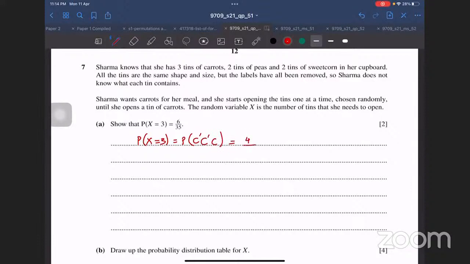It's 4 out of 7, 3 out of 6, and then 3 out of 5, in that order. They have to be in this order because I stop when I get a tin of carrots. So that's 6 over 35.